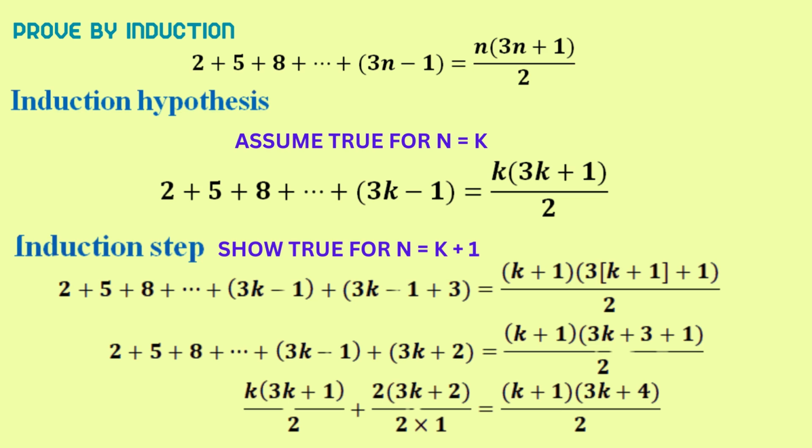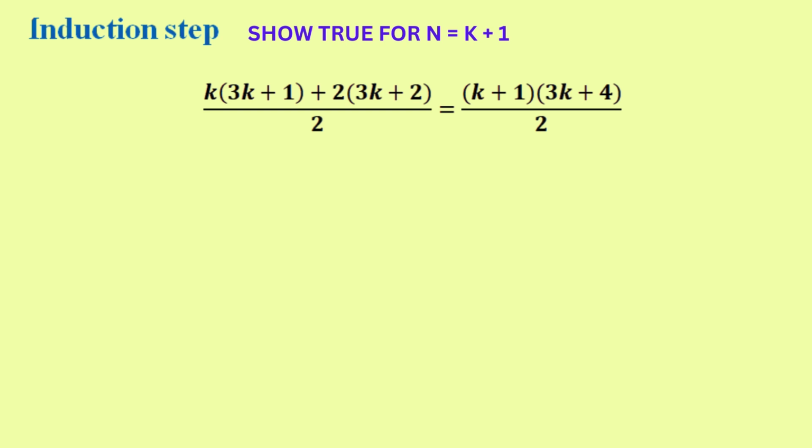We can now group all the numerators together, since both fractions now have the same denominator, to show that the left-hand side is equal to the right-hand side. We can either factorize the terms on both sides, or we can expand the brackets and show that both sides are the same. Let's expand the brackets on both sides.